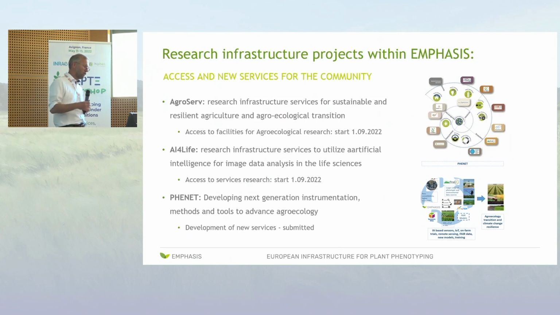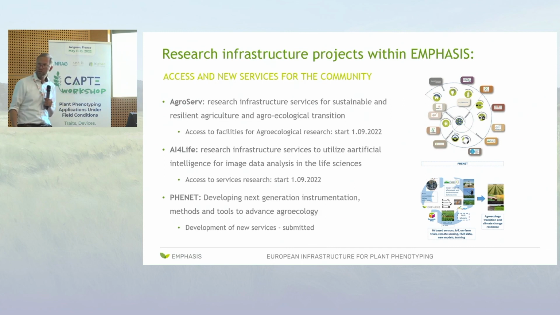Well, EMPHASIS contributed significantly to getting new research infrastructure projects that have funding to provide access to these different installations that are available in EMPHASIS. Three examples that some of you also work on. AgroServ will start in 2022, agricultural research access to the facilities with their background.